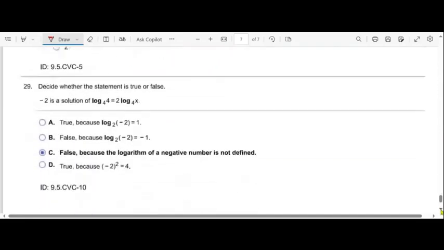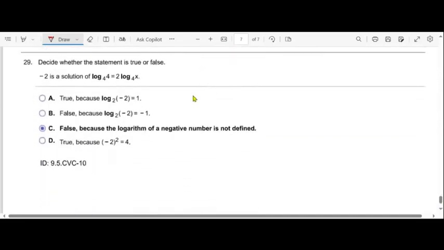Yeah, the next one. Decide whether the statement is true or false. Minus 2 is a solution of log base 4 of 4 equals 2 log base 4 of x. It's false, because x is unknown. First, can I cancel this with this?